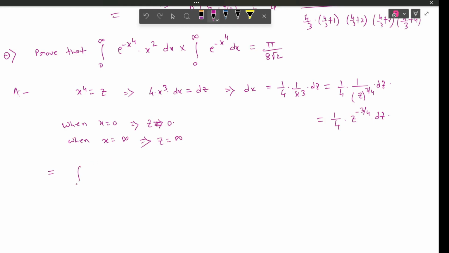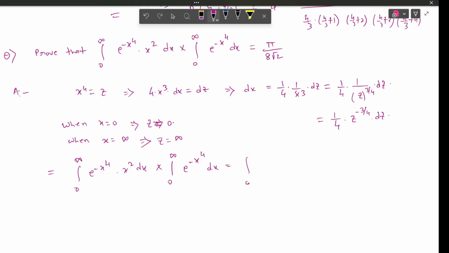So our integral is 0 to infinity e to the power minus x to the power 4 x square dx into integration 0 to infinity e to the power minus x to the power 4 into dx.